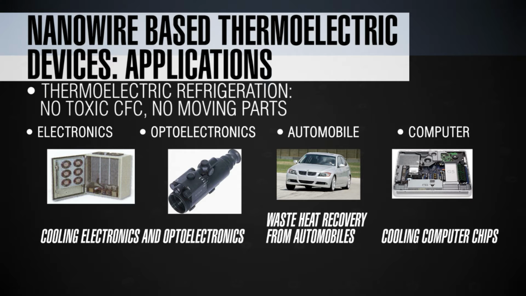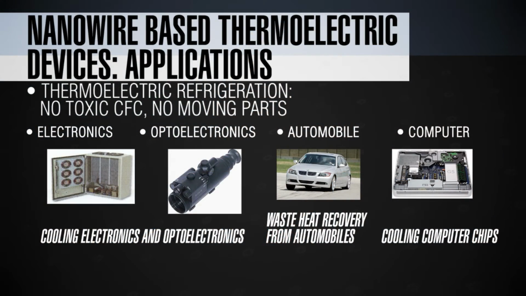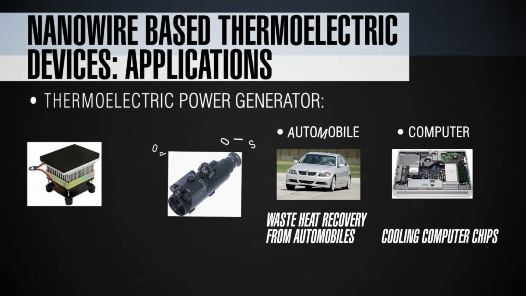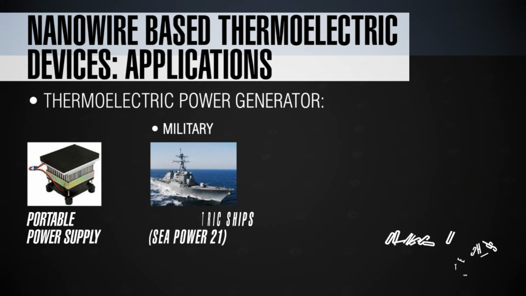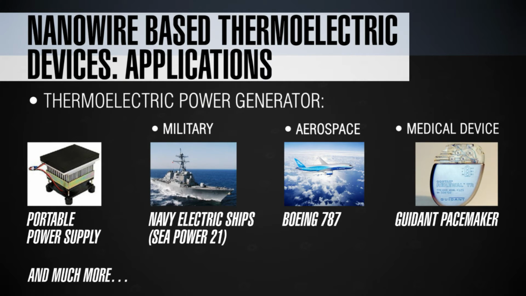When we fly at 10,000 meters or above, there is roughly 60 to 80 degrees delta T available for free, because outside it's very cold and inside our plane there is a comfortable 20 degrees centigrade. That temperature difference could be exploited using thermoelectric devices to generate power that could be used as an auxiliary power source inside the aircraft. And then computer chip cooling could benefit from thermoelectric device applications. So there are a number of other societal applications for thermoelectric power generation.